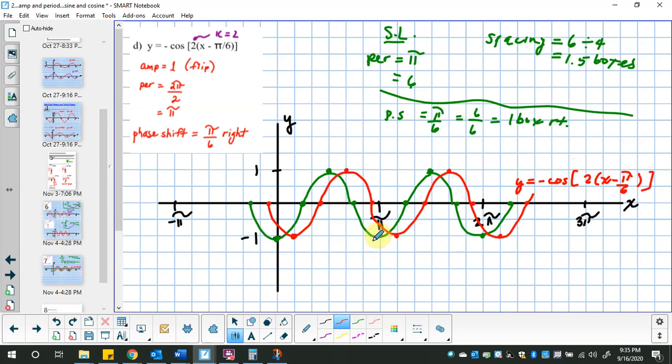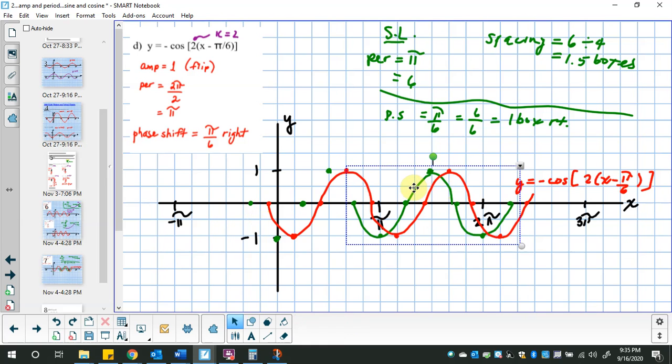Now, if you want to, and I will put this back in a second, you can erase this other curve. And the reason I say you can do that is because you don't need the curve to move the points.